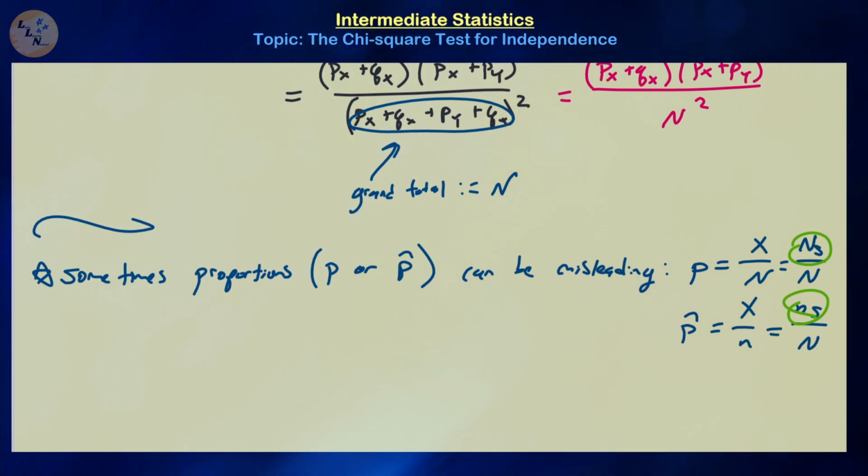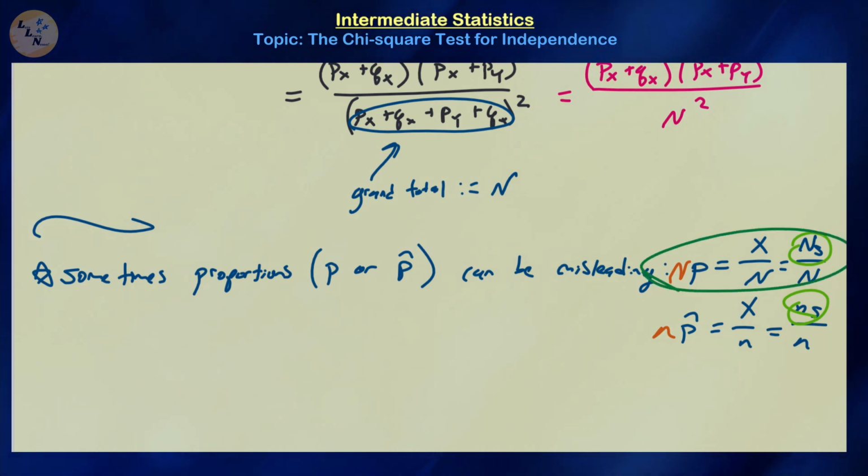So how can I instead transform this from a ratio into just a count of successes or observed successes? I can simply multiply both sides of this equation by n, and that bottom should be equal to little n, of course. And that's going to give me the observed number of successes. We're focusing on the theoretical form, therefore we're just going to be multiplying both sides of this equation by n.